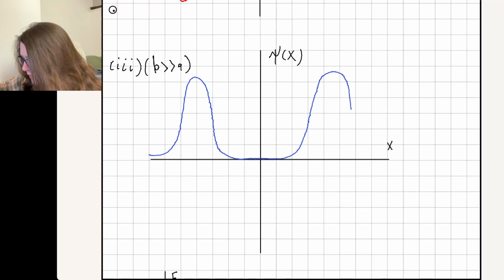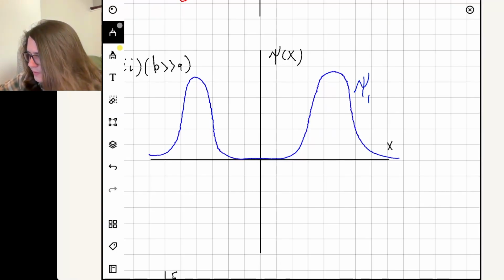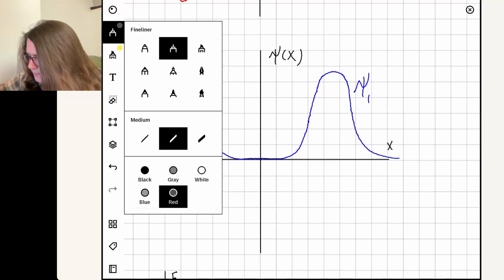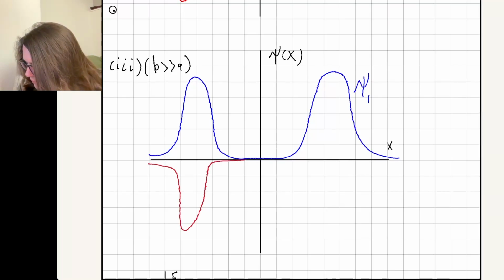So it's just like having two unconnected finite square wells in the same space. Same thing for psi 2. It's going to have this really well-defined behavior in the first square well, die off to 0 really quickly, and then go back up in the other well.